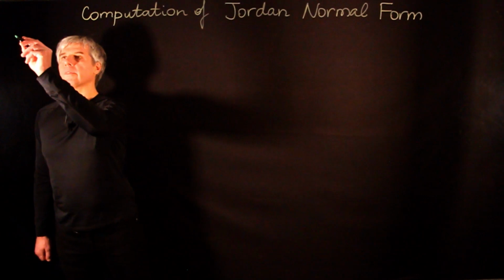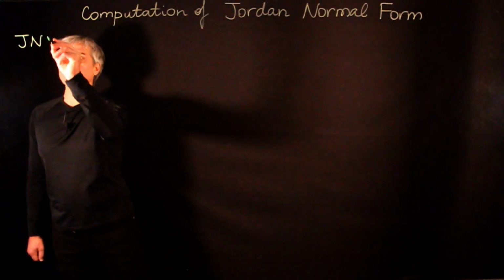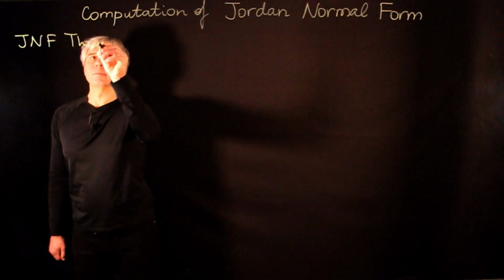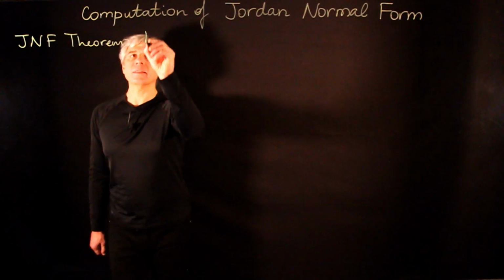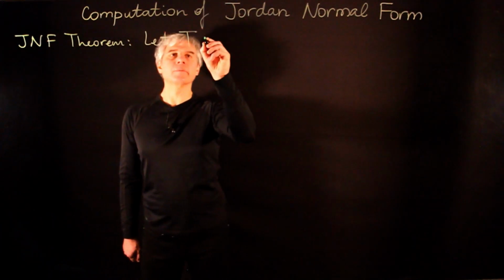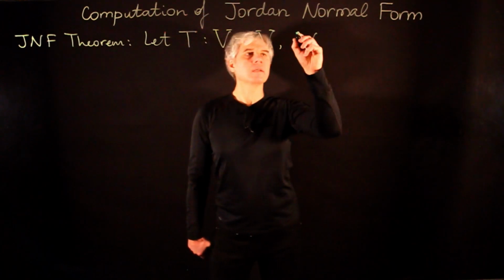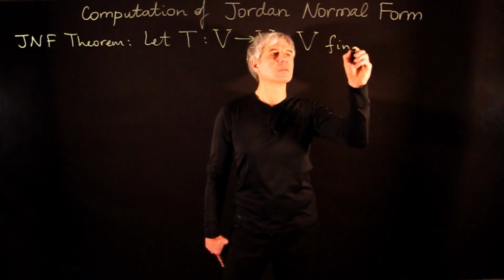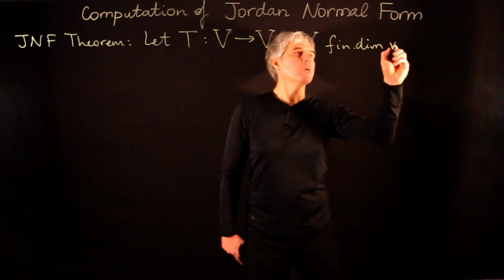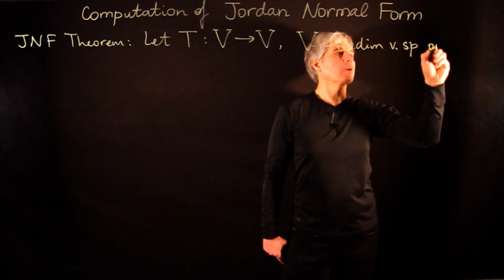Let us recall the statement of the Jordan normal form theorem. Let T be a linear operator on a space V, where V is a finite dimensional vector space over complex numbers.